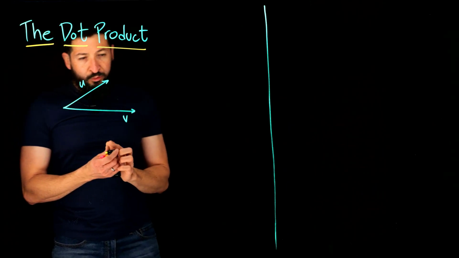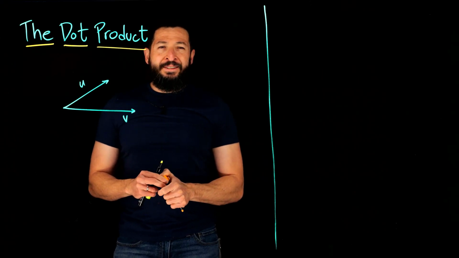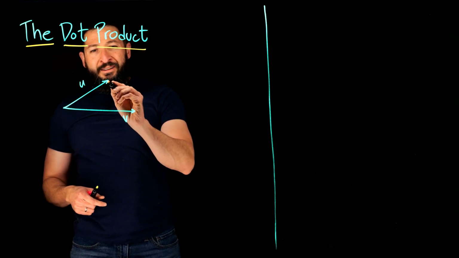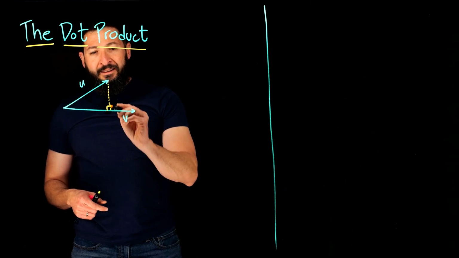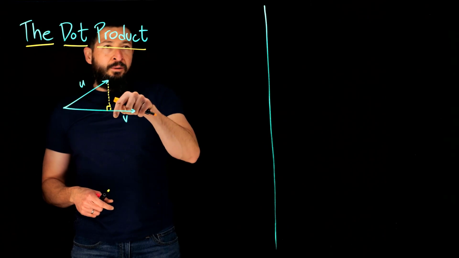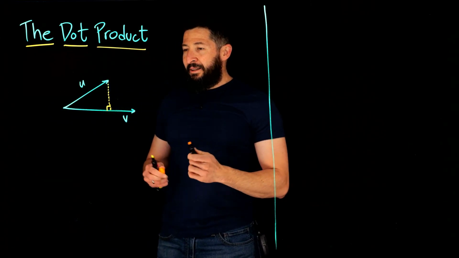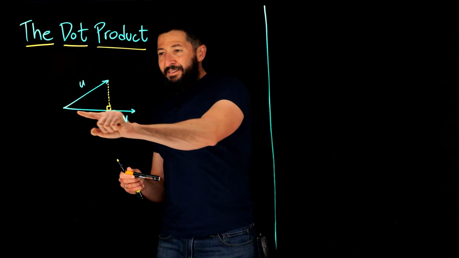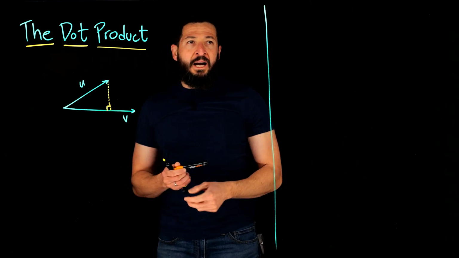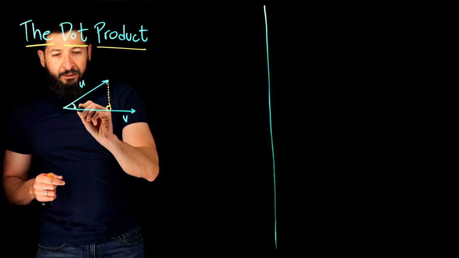And you would like to find the coordinate of u with respect to v. So basically you're going to project orthogonally, so 90 degrees, from u down to v. And we want to know what this vector would be. So how can I write that vector? So, well, let's think about this angle.